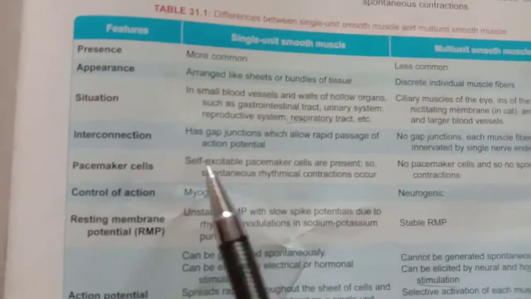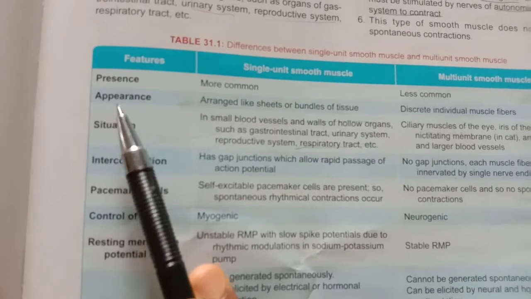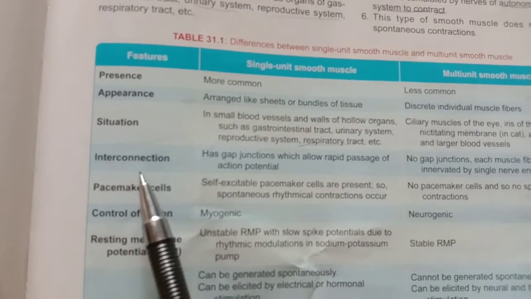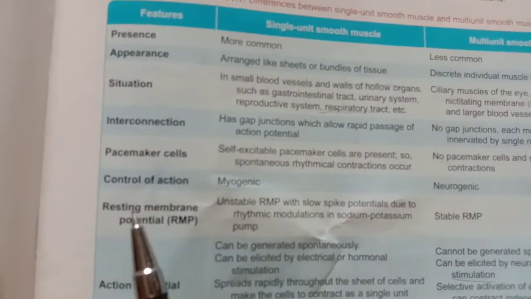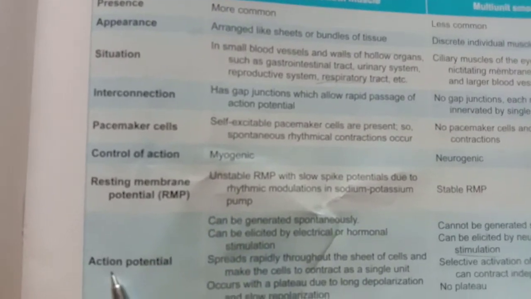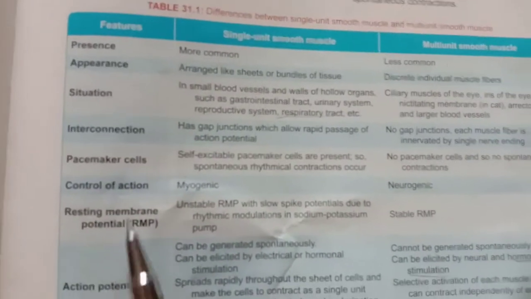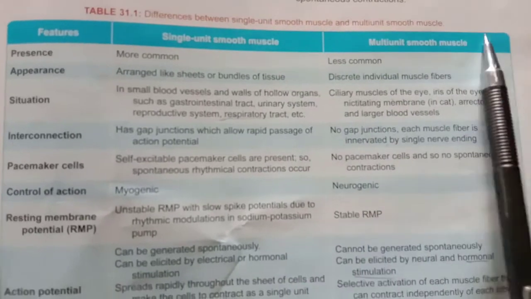We are going to learn factors like presence, appearance, situation, interconnection, pacemaker cells, control of action, resting membrane potential, that is RMP, and action potential. Now we are going to learn in detail about single unit and multi unit smooth muscle.